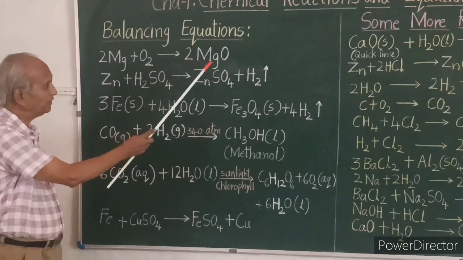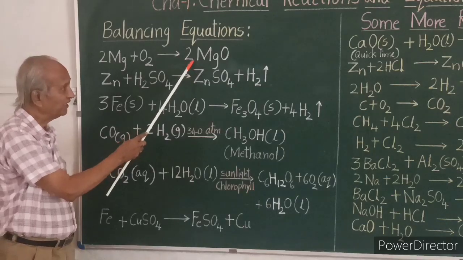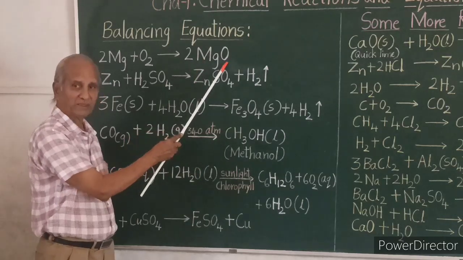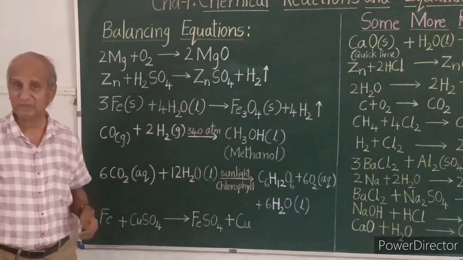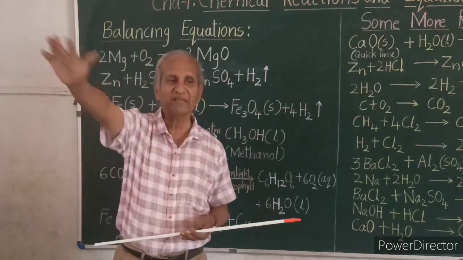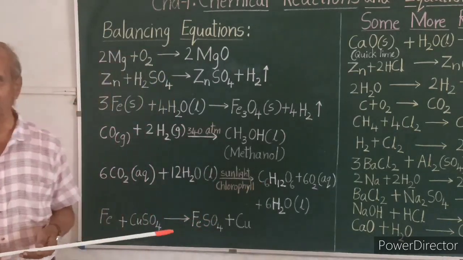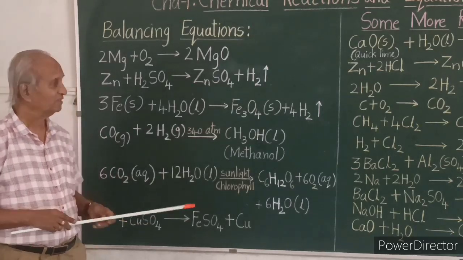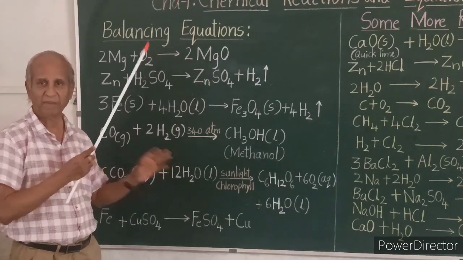2 Mg, 2 Mg, O2, 2 O. When you have written a coefficient here, it encompasses the entire compound. 2 Mg atoms, 2 O atoms. So this is how the equation is balanced. In the case of all the chemical equations we write, as we turn into the symbolic form, it is absolutely essential that the left hand side and the right hand side are balanced with each other.